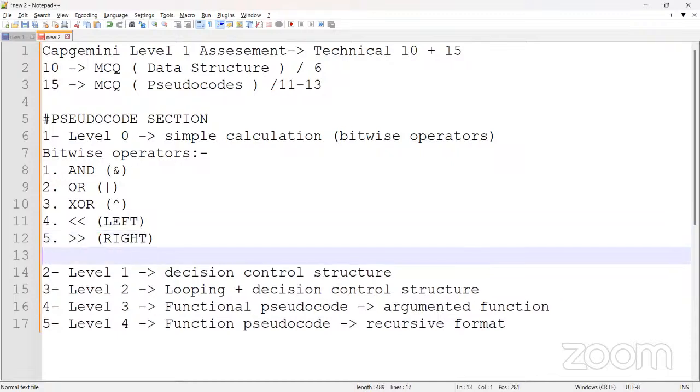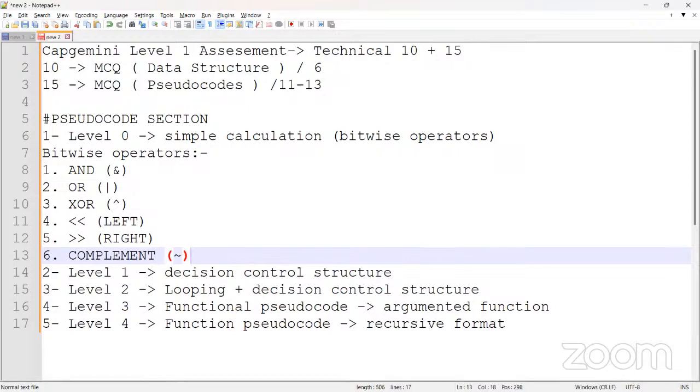Again, one more is left. Complement. Yes, bitwise complement. You can say the NOT operator, and that can be written in the pseudocode using the tilde symbol.